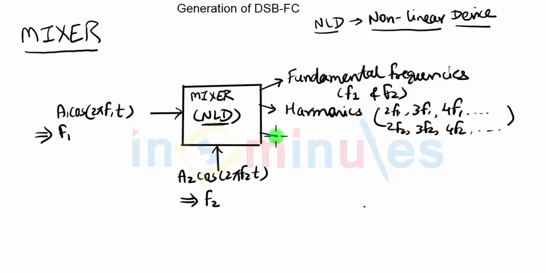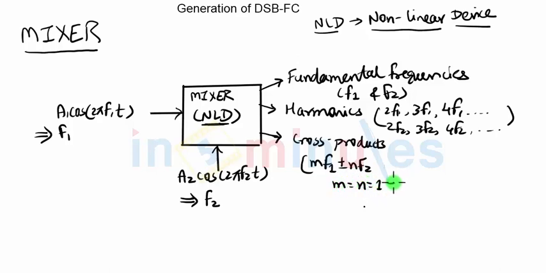The third type of output components are called cross products. What are called cross products? Cross products are nothing but every possible combination of mf1 plus minus nf2, where m and n are integers. So when I say mf1 plus minus nf2, what does that mean? Let us take m equal to n equal to 1.